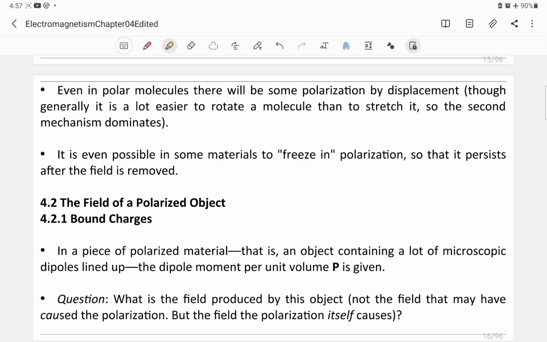So there's what we call an induced magnetism on the material. But in this case, it's the electric field. We don't have the magnetic field yet. So we will discuss the magnetic field in later chapters.